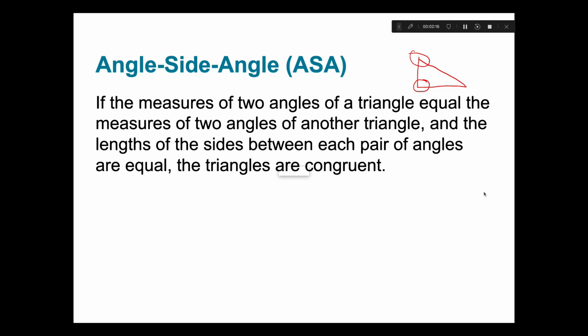Okay? This side and this side and this angle have to be in proportion if these three things are the same. An angle, a side, and an angle. Now it could be this angle, this side, and this angle, or this angle, this side, and this angle. But as long as you have a side trapped by two angles that are proportionate to another one, they are going to be similar.